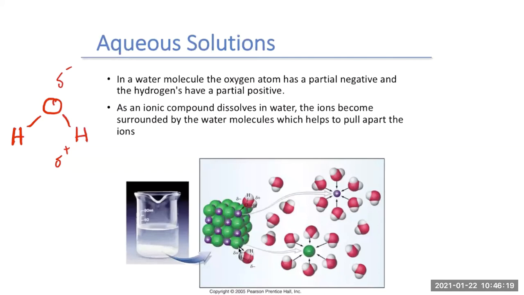Same thing happens with the chloride. The chlorides will start getting pulled off and the water molecules will surround them with the hydrogens pointing towards it, so the negative charge on the chloride is stabilized by the slightly positive charge on the hydrogens. And this is how water starts to dissolve compounds. It'll start to solvate it, or have water molecules surround the individual ions.